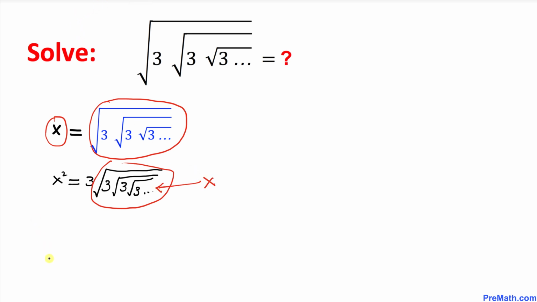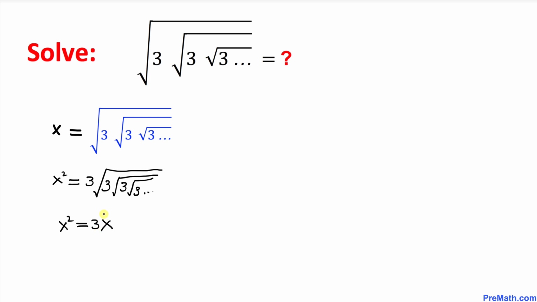So this simply is going to become x square equal to 3 times x. Now let's go ahead and move this 3x to the left hand side. So x square minus 3x equal to 0, and here we can factor x out, so it becomes x times x minus 3 equal to 0.